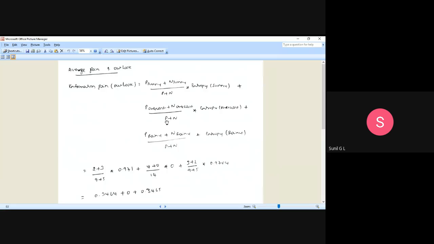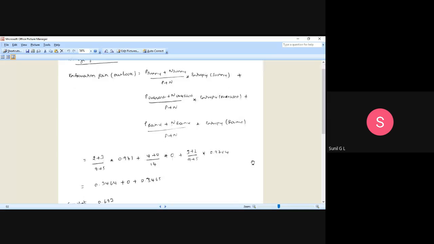Then P of rainy plus N of rainy. The positive of rainy is 3 and the negative of rainy is 2. The whole data set P plus N is 9 plus 5, into the entropy of rainy, which is 0.9704.